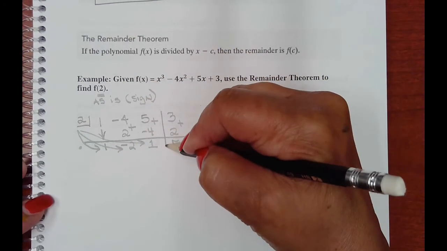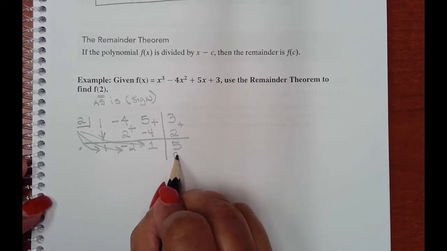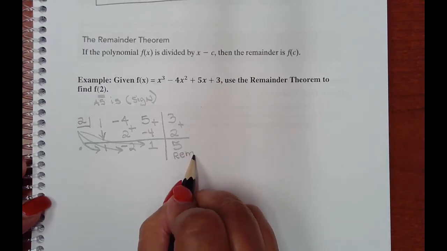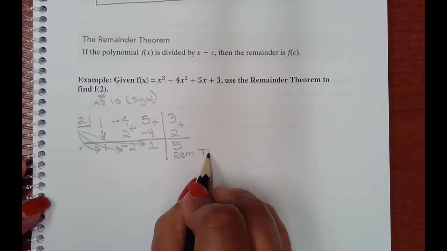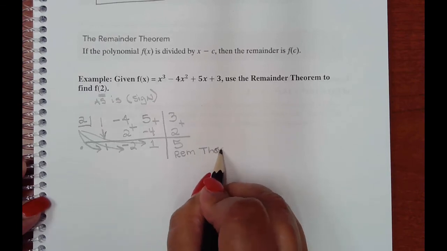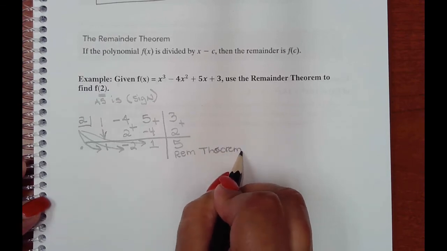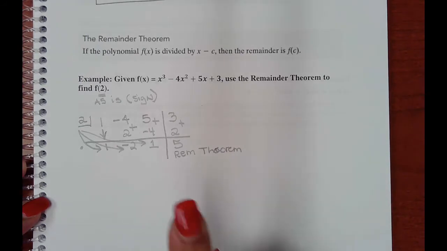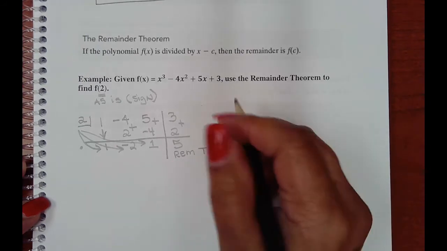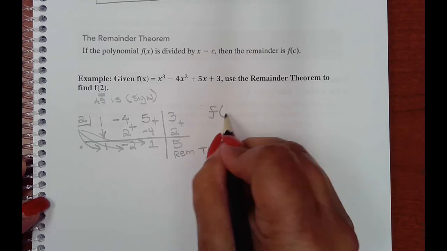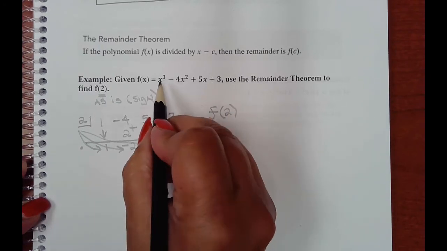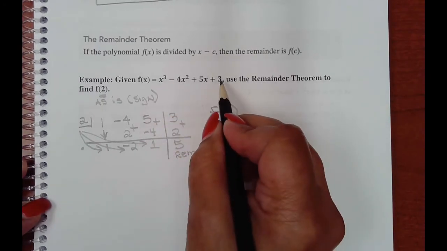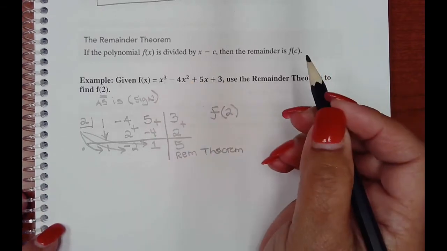And let's remember that now what we're doing is we're using the remainder theorem. And what this says is that the remainder is actually the answer you would have gotten if you would have plugged 2 in here, here, here, everywhere there was an x.